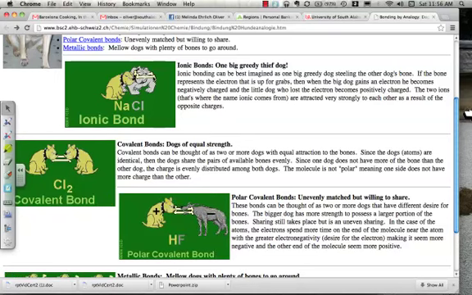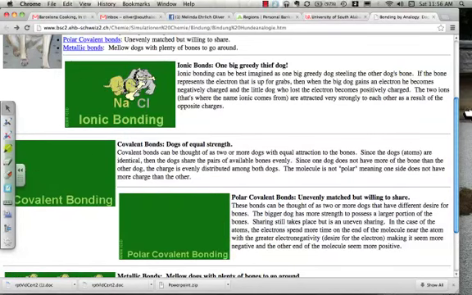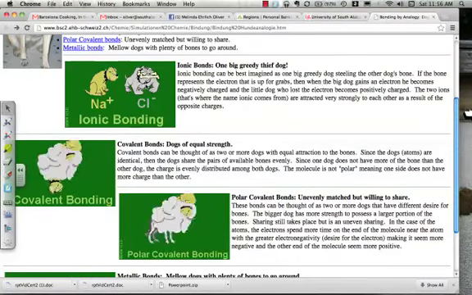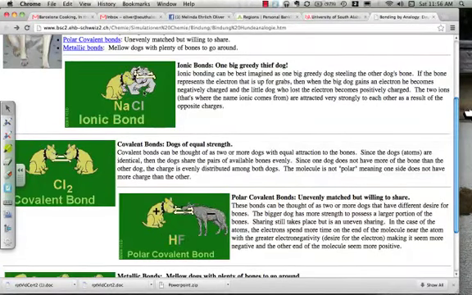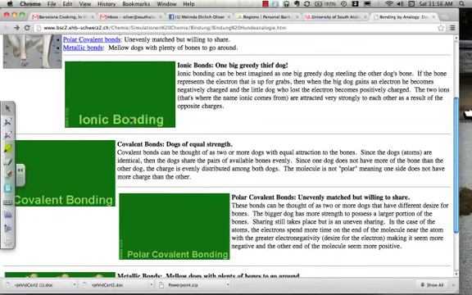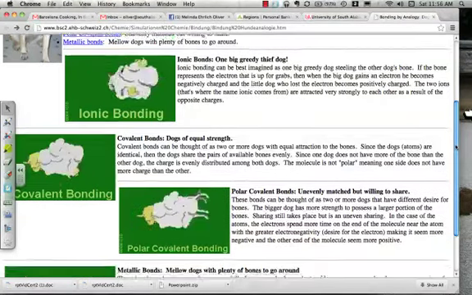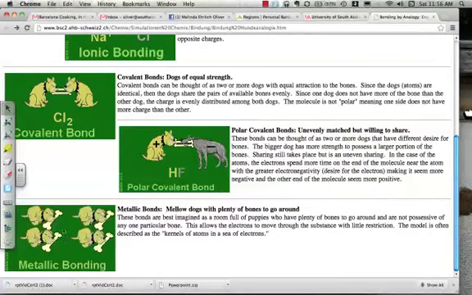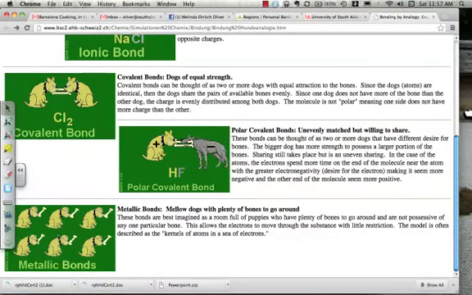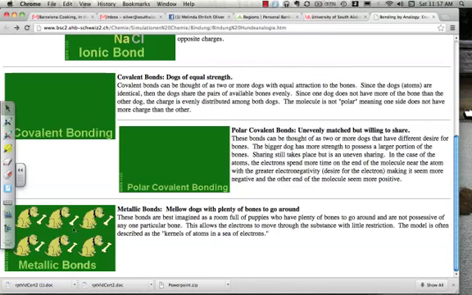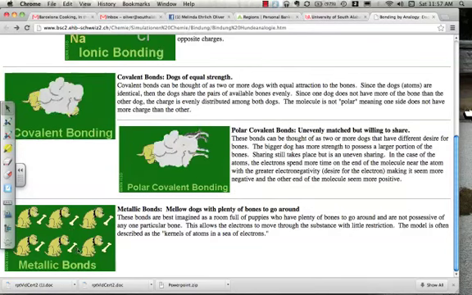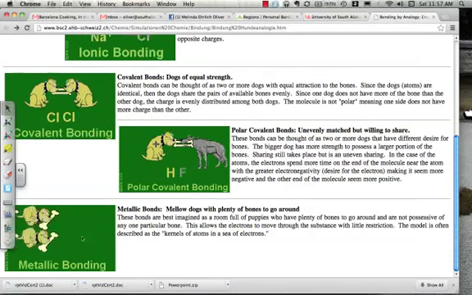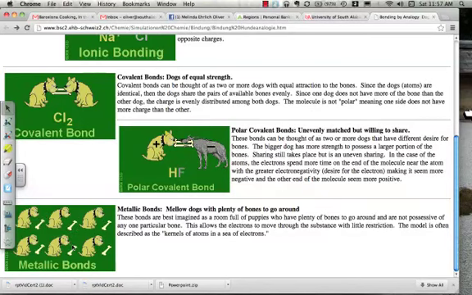But in the solid form, it cannot. You have to have moving charges to conduct electricity. So ionic substances can do it when melted or dissolved in water, and metals can do it in any form, solid or liquid. They have amazing properties because of this very different kind of bonding.